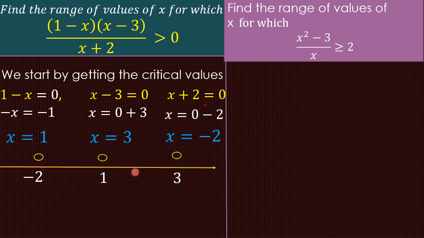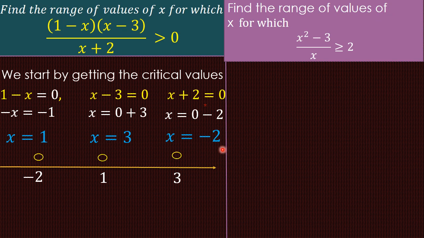Now for us to get the range of values, all we need to do is get the sign of our inequality in each region. We have 4 regions: from negative 2 below, from negative 2 to 1, from 1 to 3, and from 3 to positive infinity, or from 3 above.